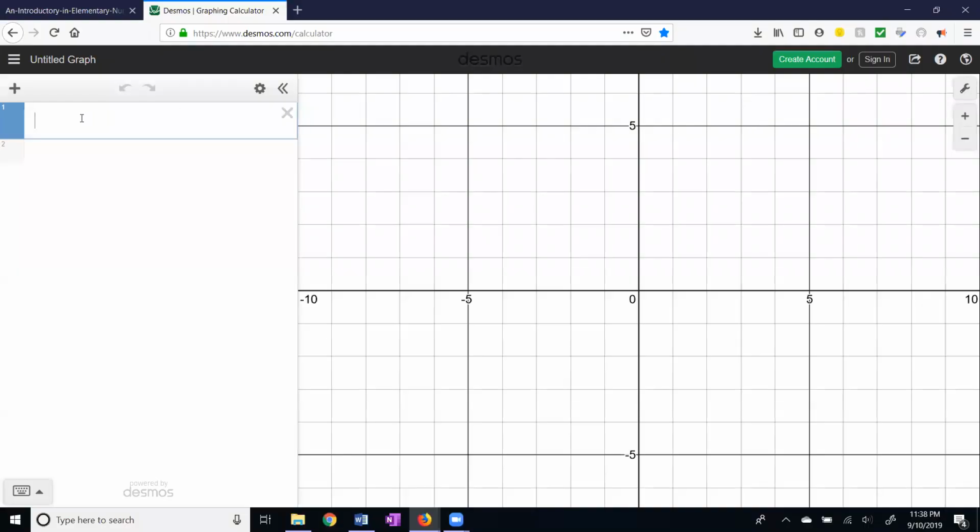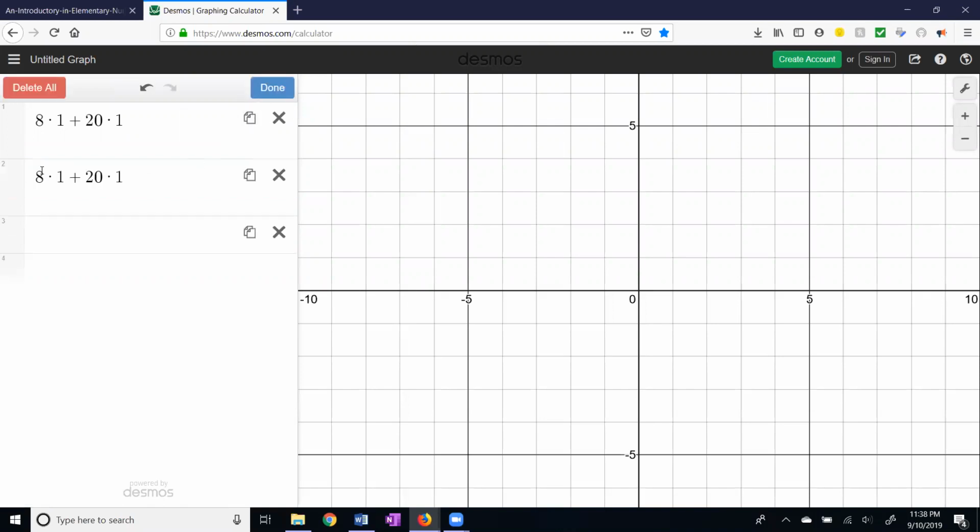So here we are in Desmos. So let's take 8 times 1 plus 20 times 1. Very simple linear combination. That's 28. Pretty simple. Let's duplicate this a few times.